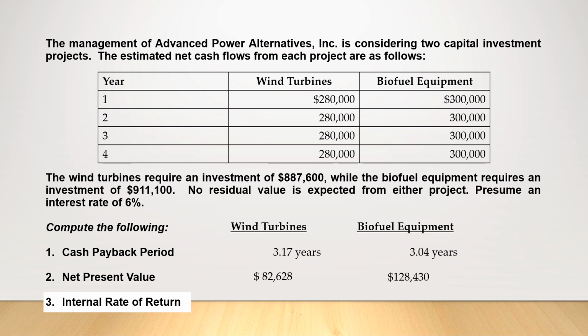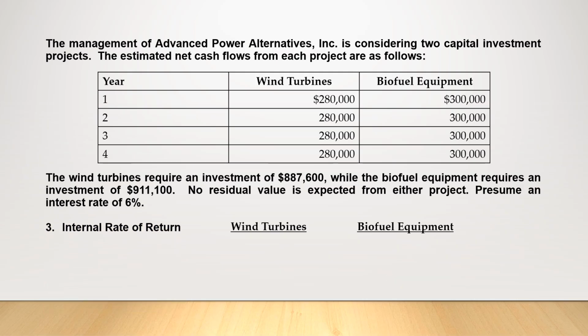Hopefully, you were able to calculate these 4 amounts on your own without much difficulty. Now let's look at the internal rate of return. I promise I'm going to streamline this calculation for you. The formula for determining the present value of a future series of payments is the future cash flow times the present value of an annuity factor.